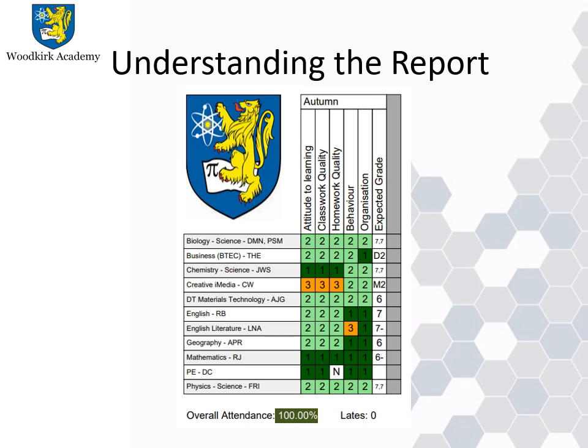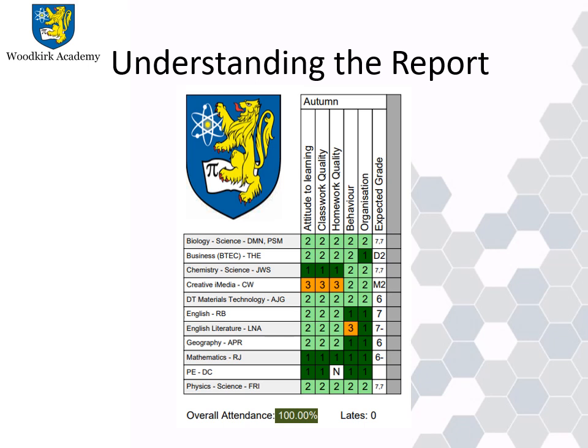On the right hand side, you'll see an expected grade. This is the grade that teachers feel your child is likely to attain if they are to continue performing in the way they are at the moment. Most likely these will be informed by the way they've performed in recent assessments, or also how they've performed in ongoing assessments within class over a period of time. You may see this represented as a number from 1 through to 9.